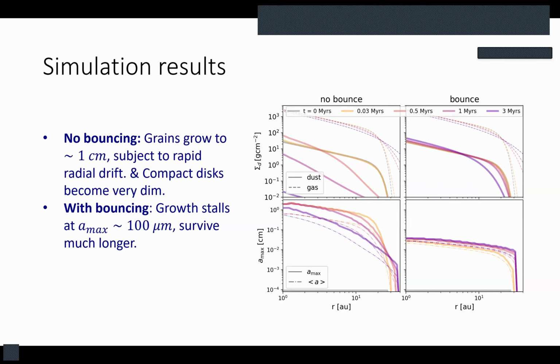We see the grains just go to a centimeter here and drift very fast. The surface density of the dust drops sharply here. And when we put in bouncing, the grain growth is limited at about 100 micron, and as we predicted, they bear the drift.